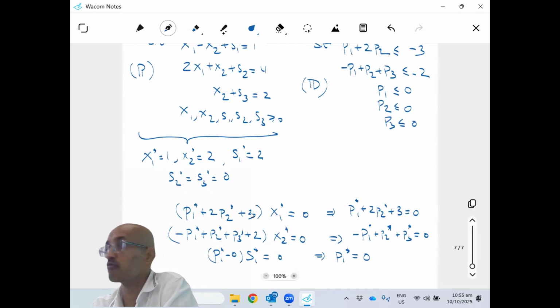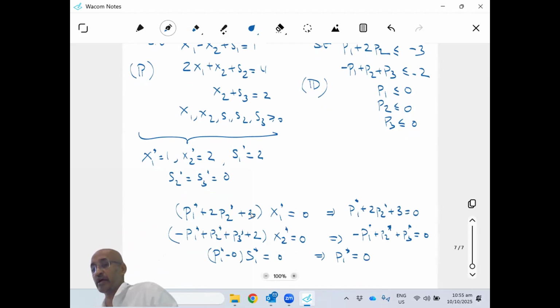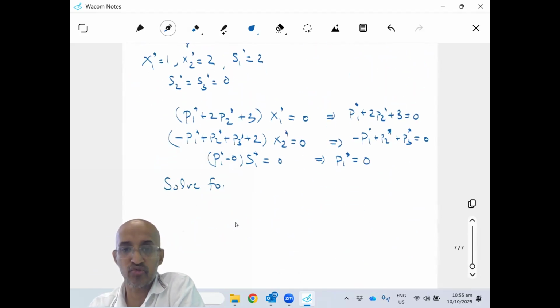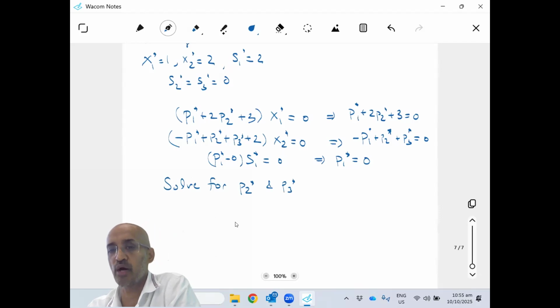The moment I find P1 star equal to 0, I essentially have three equalities, so I should be able to solve for three variables. P1 is 0, solve for P2 and P3. Okay. So if you solve this, solve for P2 star and P3 star. What is this? If P1 is 0, P2 star is clearly minus 3 by 2.